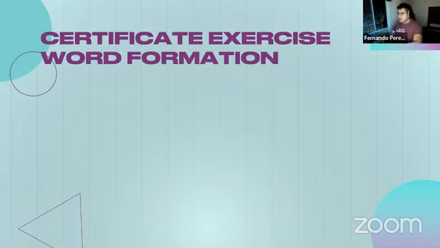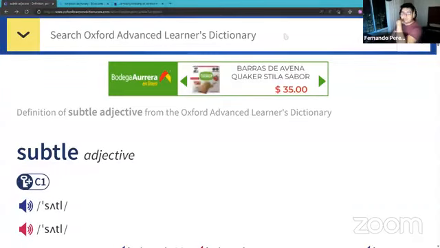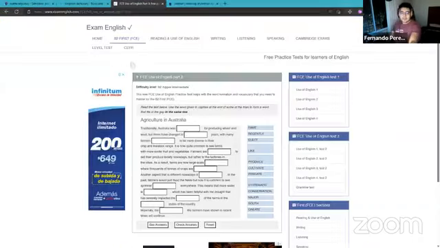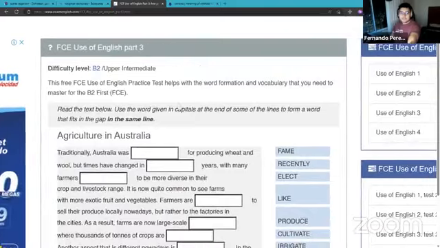Let's check the first certificate. Use of language practice. There is an exercise. Multiple choice, open cloze with text and gaps, word formation. Here it is. Look at this. Difficulty level B2 upper intermediate.